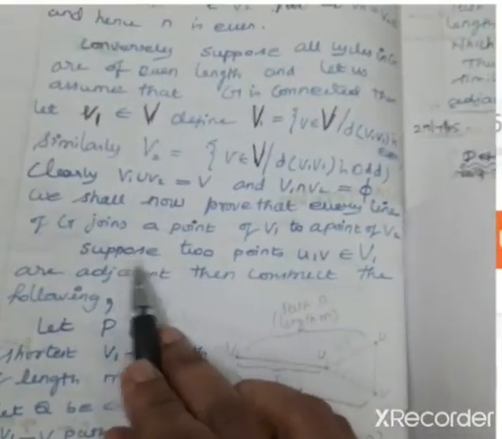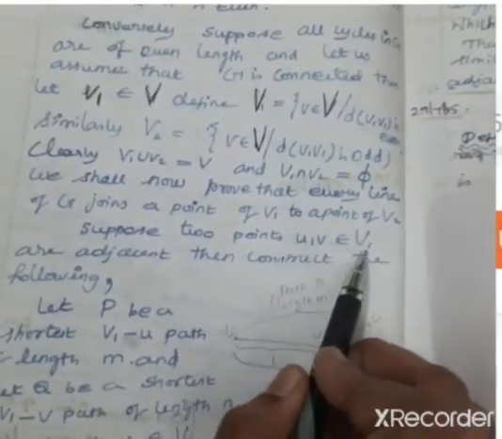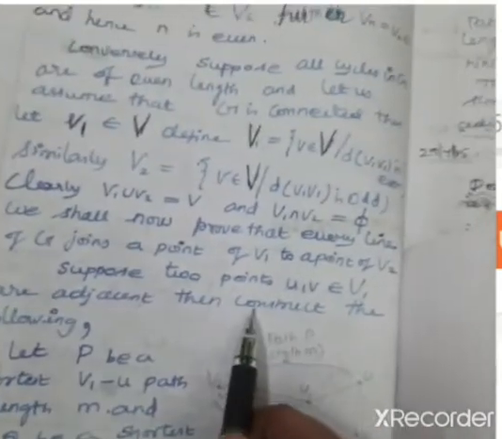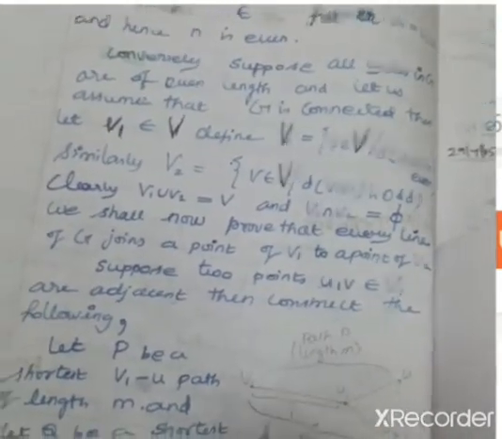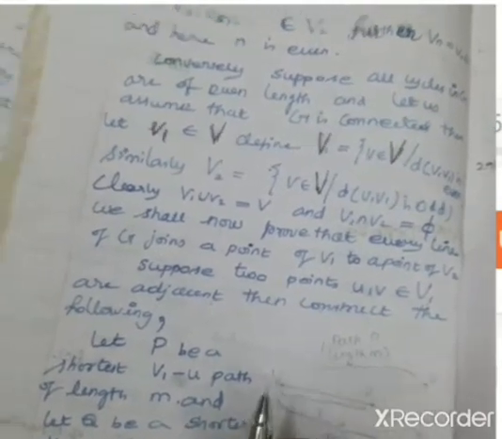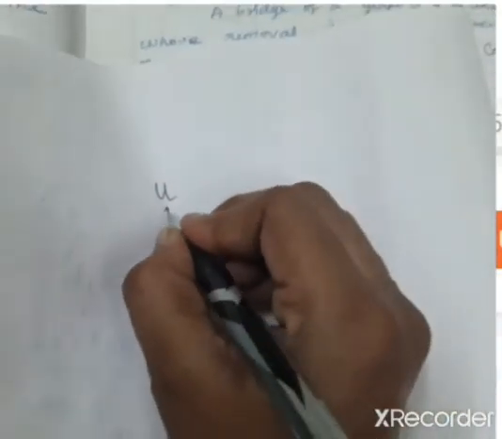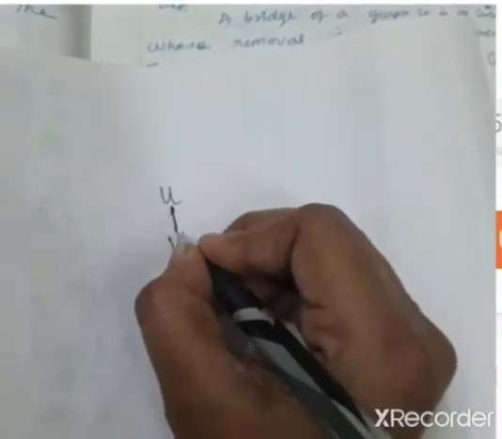So I say suppose 2 points u comma v in V1 are adjacent. Then we will be able to have a picture of the following form. Assume that there will exist an adjacency between the point u and a point v, all in the same vertex set V1.